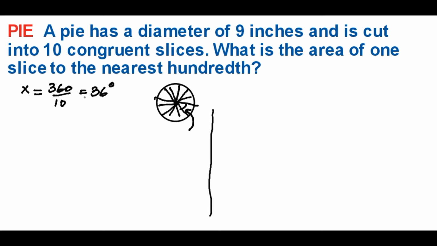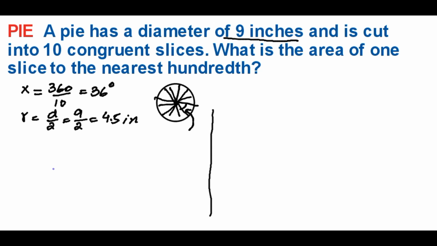36 degrees is the central angle for one sector, and the diameter for this was 9 inches, but for the formula we need the radius. So radius is equal to d over 2. So the diameter 9 divided by 2 is 4.5 inches. Now we can use the formula for the area of the sector.